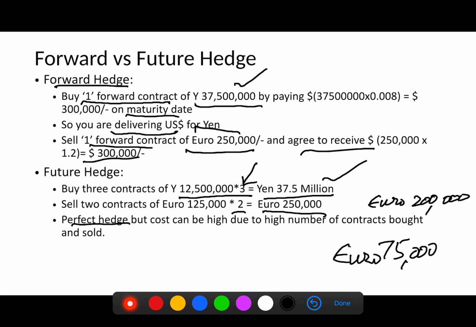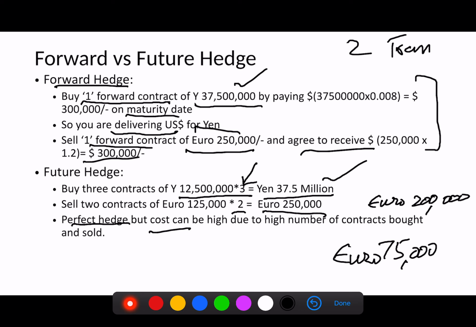One very important concern over here also is the cost. Even if there is a perfect hedge, what about the cost? Over here we can see that there were only 2 transactions. There are 2 contracts which you entered into. One contract is the buying of 37,500,000 units of Japanese yen, and one contract involves selling of 250,000 units of euros.